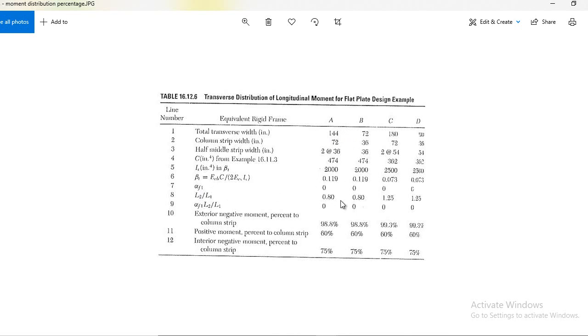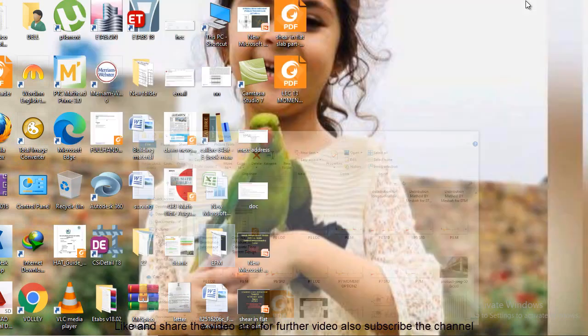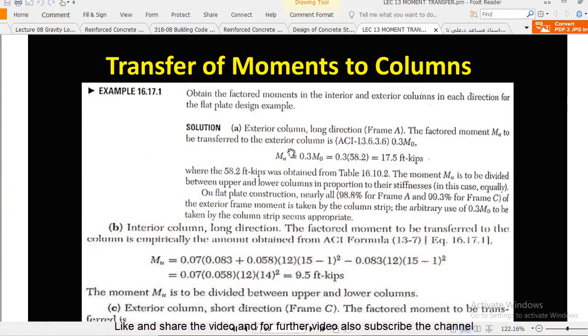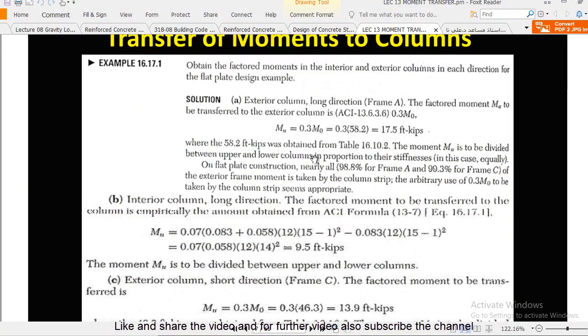In view of these, the exterior negative moment percent to column strip is 98.8%, and similarly for frame C it is 99.3%. But we mostly consider for the exterior column that 100% moment is transferred to the column strip and 0% is transferred to the middle strip. So this is the procedure for how we can do the calculation for the exterior.